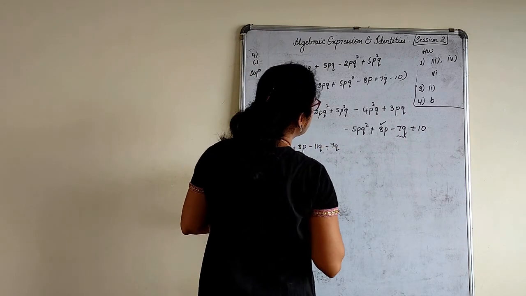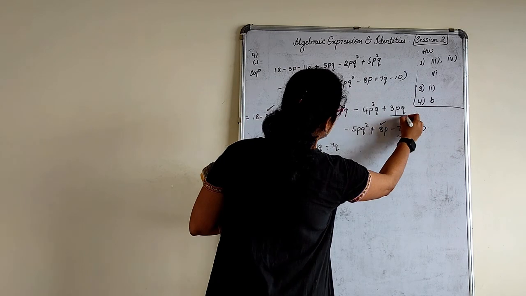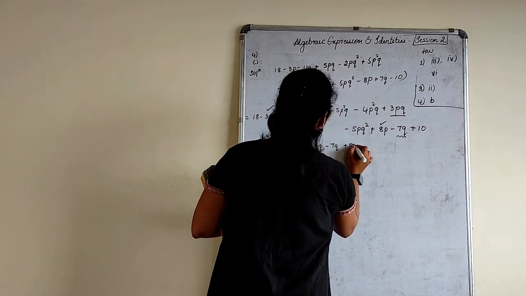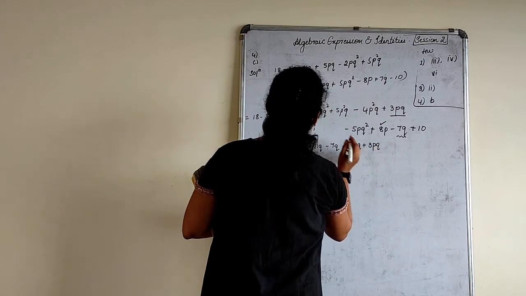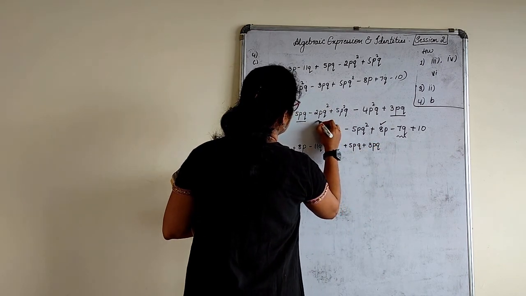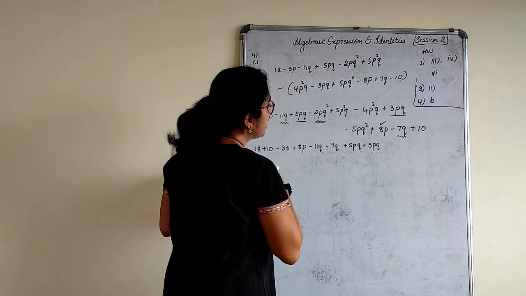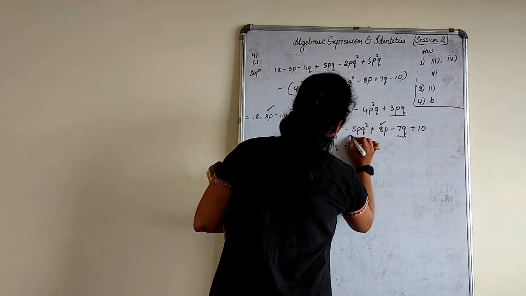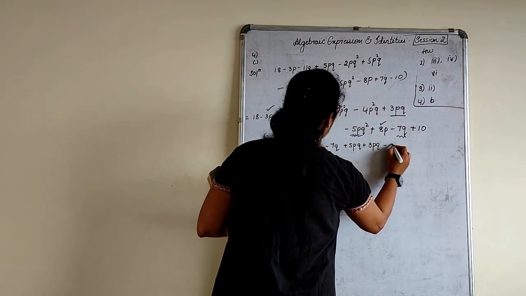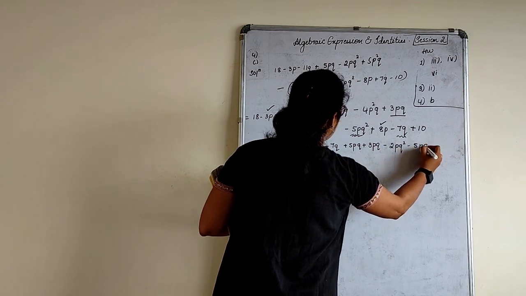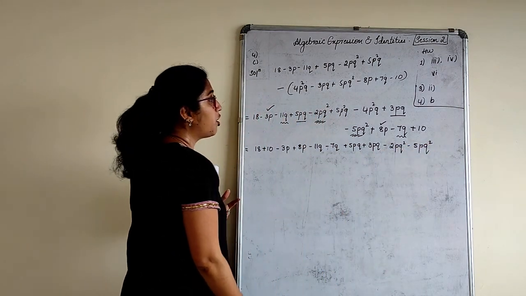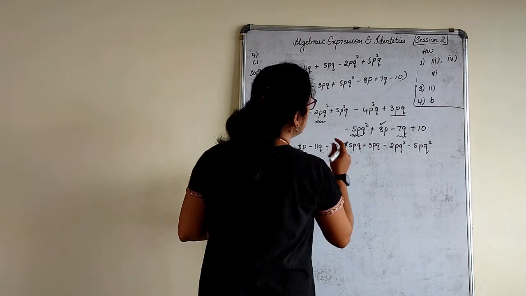Then 5pq and 3pq: plus 5pq plus 3pq. So 2pq² and 5pq²: minus 2pq² minus 5pq². With this you will not miss any terms.